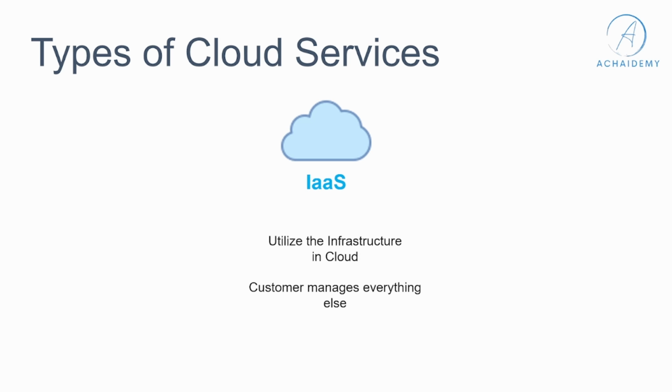The first term that you generally hear is infrastructure as a service. In this scenario, you will be utilizing the infrastructure of the cloud, and everything else is managed by you. So if you need a database, you get infrastructure of a database, and it's on you to create the required tables, import the data, manage the data, everything, but you get infrastructure for a database.